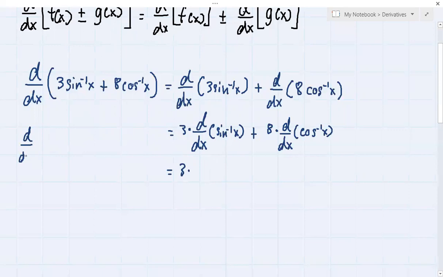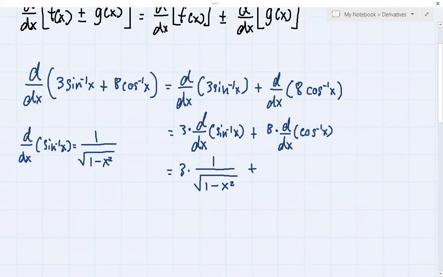Recall that ang derivative ng arc sine is basically 1 all over the square root of 1 minus x squared. Alright? So, therefore, magiging ano na to? 1 all over the square root of 1 minus x squared. Ayan.